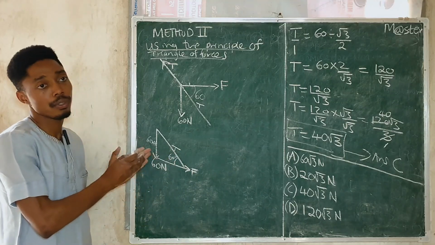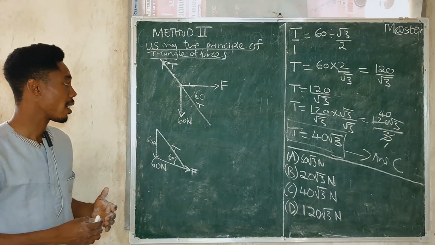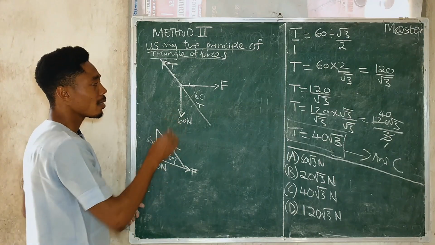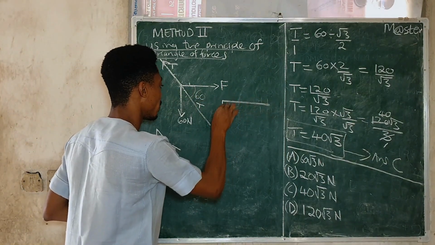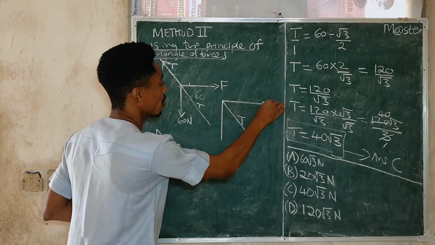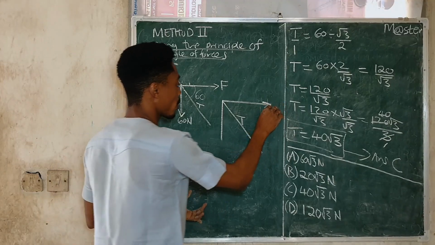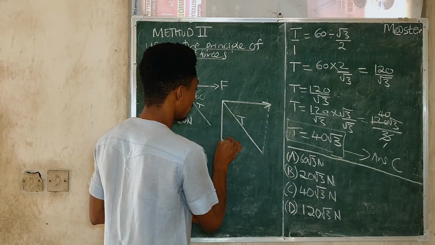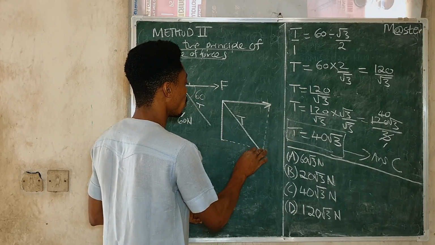If this confuses you, we can also look at this triangle of forces in this other form. We can say that this is my tension, this is my force. If we trace this force down and we do this, you notice something.